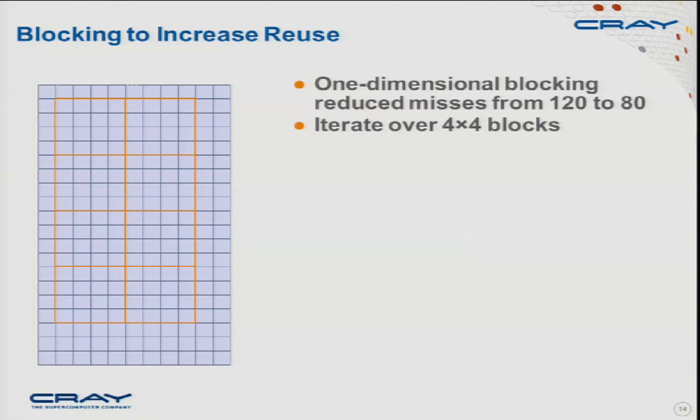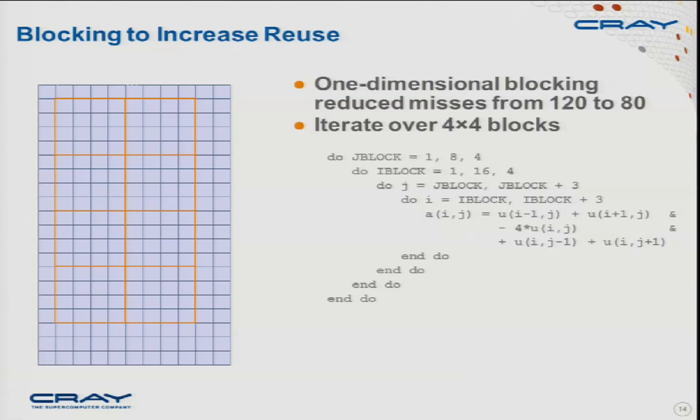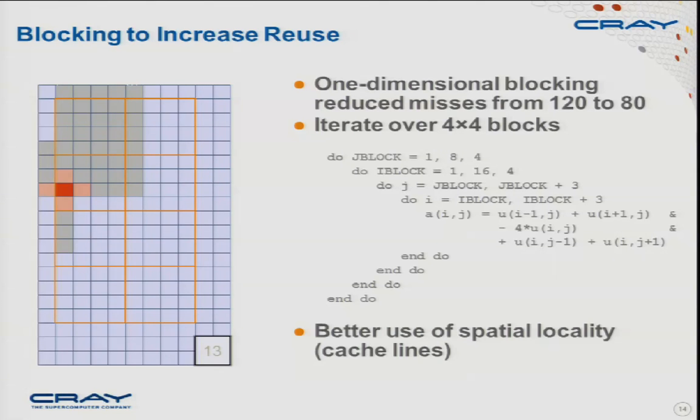What if we iterate over 4 by 4 blocks? So this is what it looks like now. Now I've strip mined the I loop, strip mined the J loop, and I push both of their driver loops out further. If I do that, I have these lines here. You can see, okay, I go 4, I increment, go 4, I increment, go 4, and it stops. And I've loaded 12. Now, since I've completed both of those innermost loops, I'm going to kind of reset on the next I block and continue.